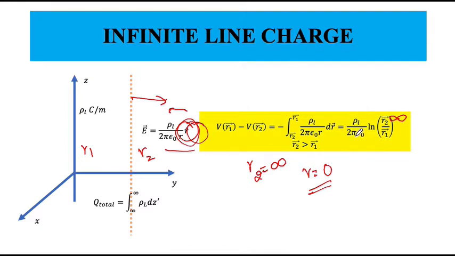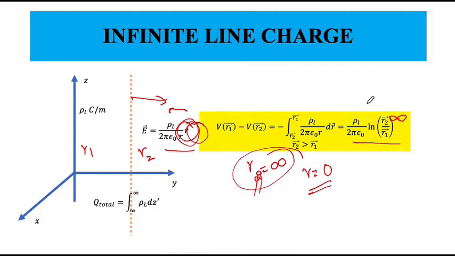So what this seems to indicate is that for an infinite line charge I can't use infinity as my reference point, whereas for a point charge I could use infinity as the point of reference.